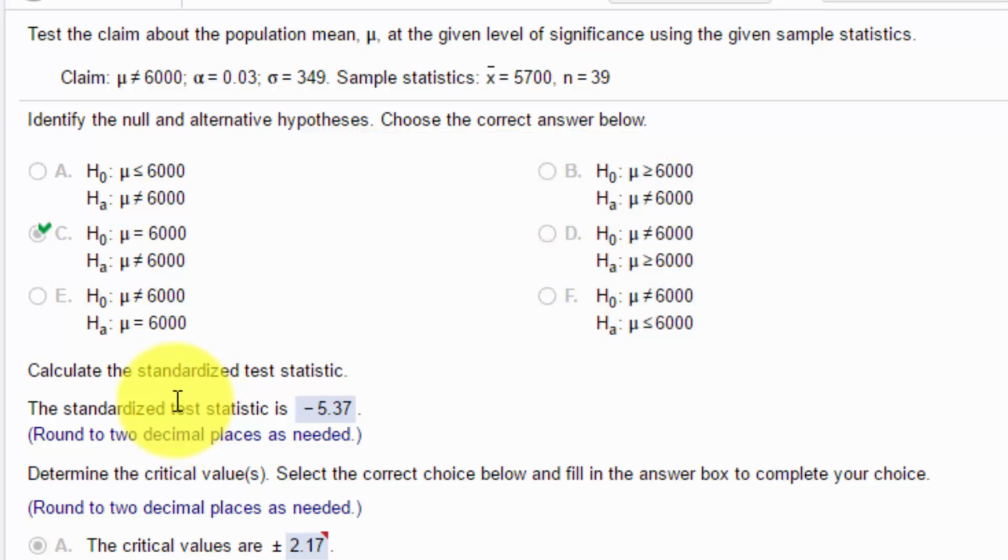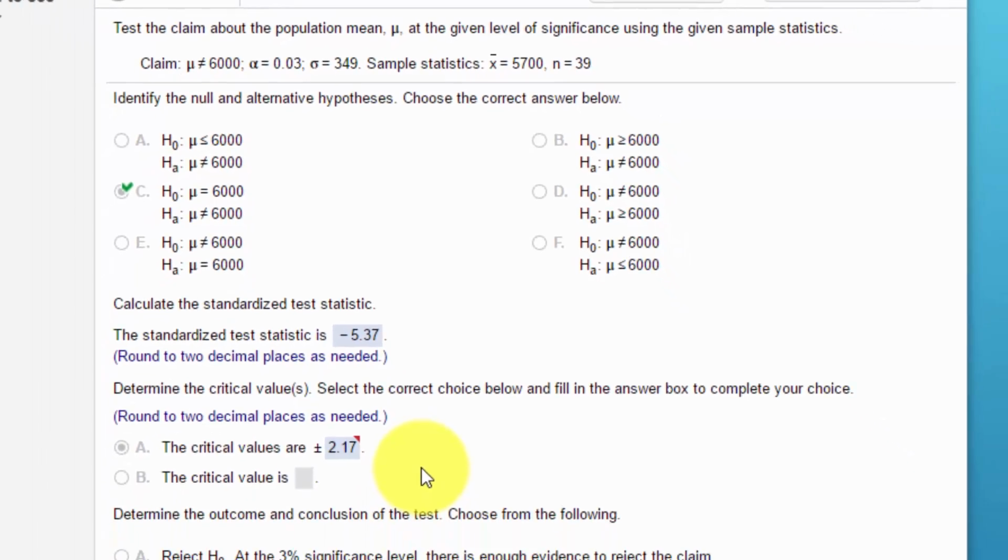Then we have to calculate the standardized test statistic, and this person did that right, so I'm going to skip over that for now. But let's look down here at the critical value, and he got the wrong value for the critical values. Notice that we had two options there. The critical value or the critical values are plus or minus.